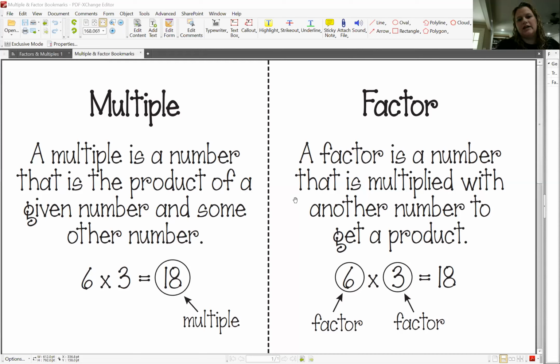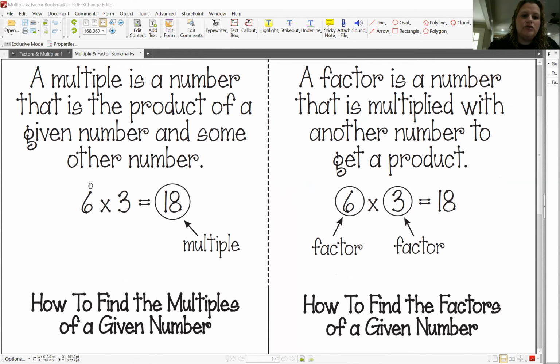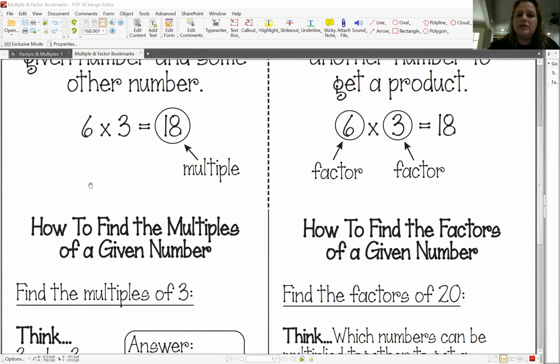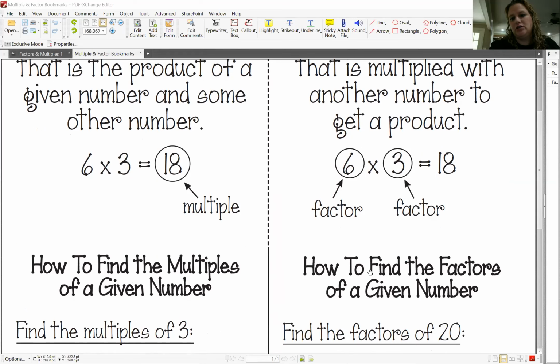So now I'm going to show you what today's is going to look like. It's divided into 2 pages like this. These are additional notes, and then I'll show you the page in just a moment. It gives you the notes for what's a multiple over here, and the notes for what's a factor over here.